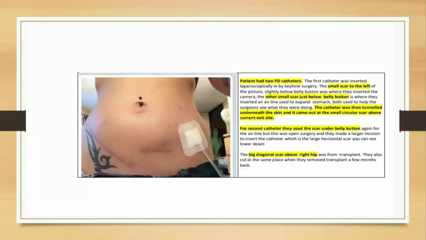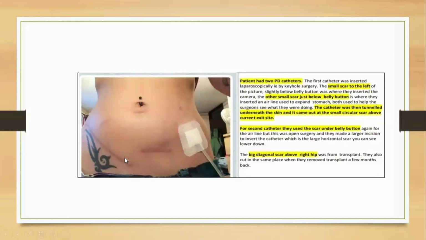Okay, so this is basically the peritoneal dialysis scar, the scar under the umbilicus as well as here in the lower abdomen. And this scar is the Rutherford Morrison scar for the renal transplant. If you palpate such an abdomen, you can find the mass underlying this scar. That is the right iliac fossa scar, Rutherford Morrison scar.